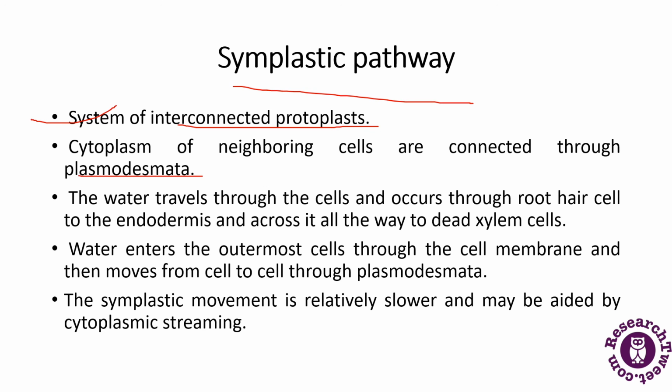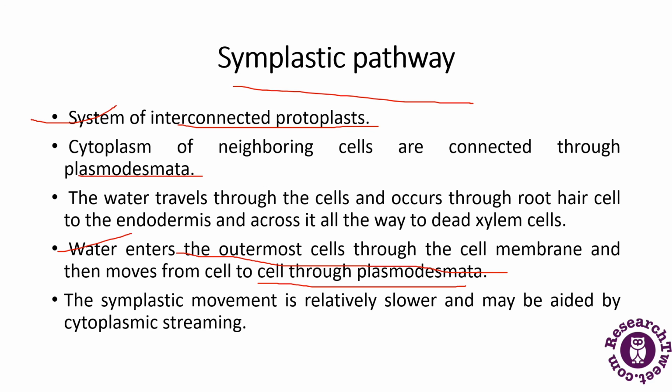Here the water travels through the cells, through the root hair cells and the endodermis, and across it all the way to the dead xylem cells. Water enters the outermost cells through the cell membrane and then moves from cell to cell through the plasmodesmata.